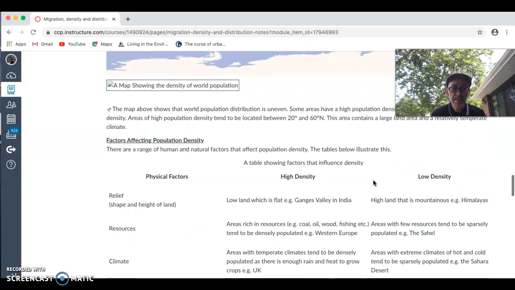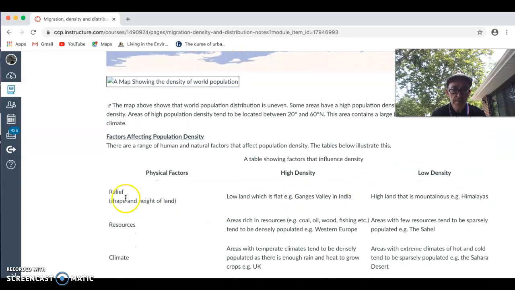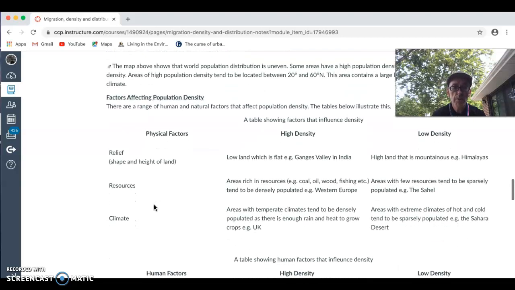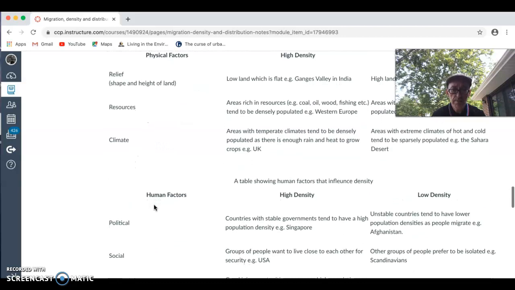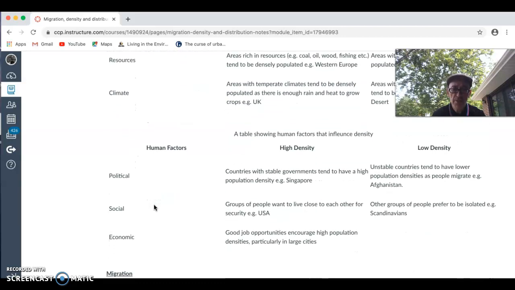Factors affecting density, again, include relief, or the shape and height of land. Like I said, lowlands, which are flat, like the Ganges, or you've got low density in high mountains. So you can use these to describe the structure of your population. There's a number of different things.